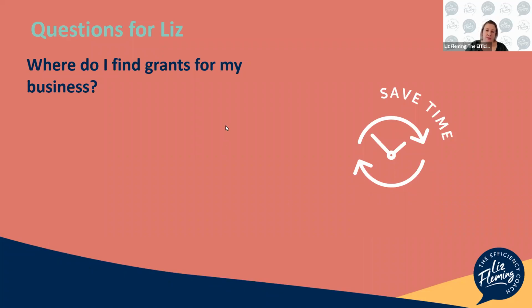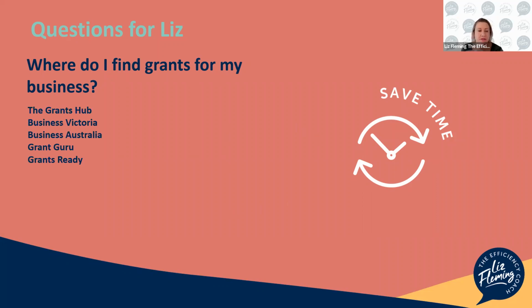Where do I find grants for business? So I'm based in Australia, here in Melbourne, and the ones that I use the most, some of them are paid ones. So they're directories and you pay a subscription to have access to them where you can go and search for your grants. So the Grants Hub is a good one. Business Victoria has got all the state government grants listed on there.